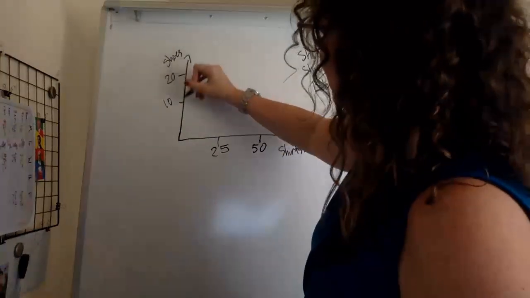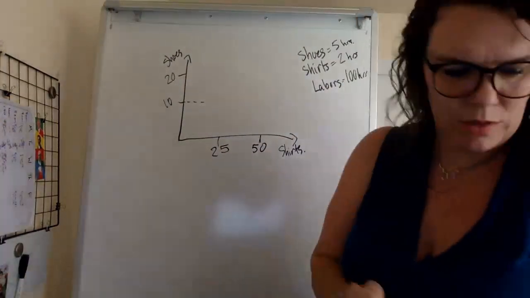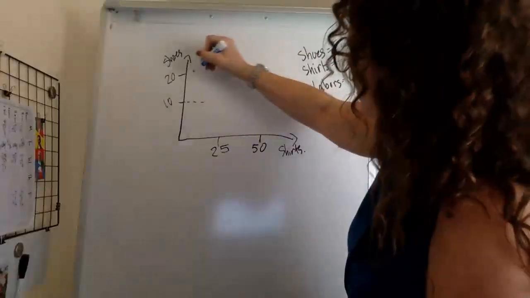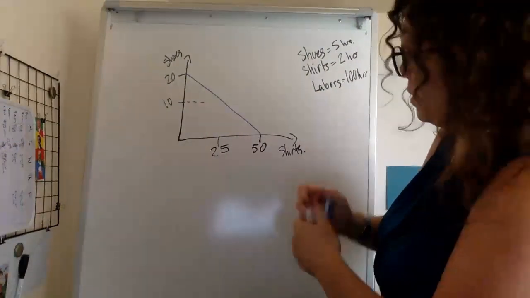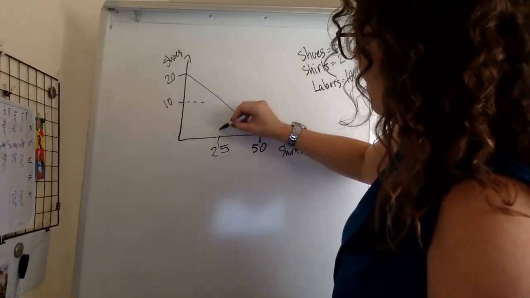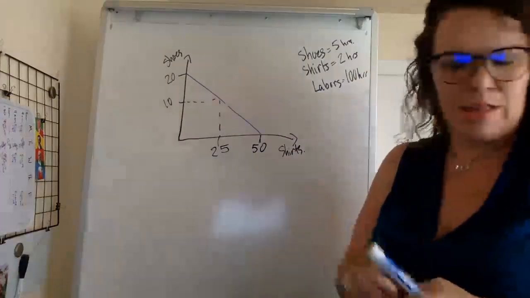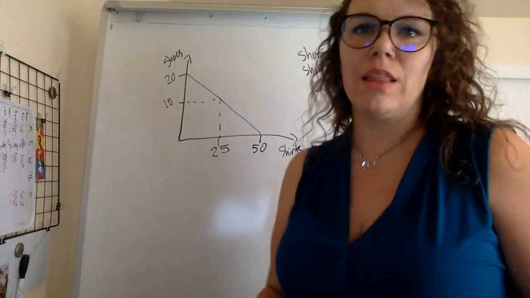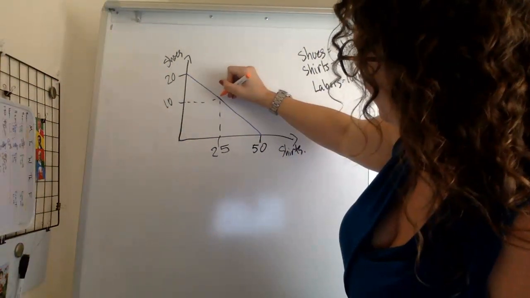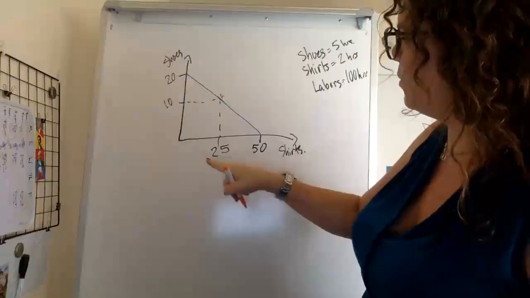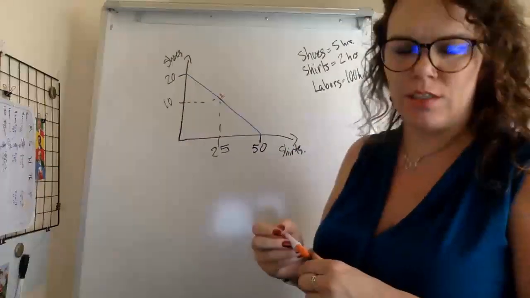So we've got, let's do this. Now, we've got our production possibilities frontier. Let's say as a company, we decide we want to produce here at point A, where we're getting 10 pairs of shoes and 25 shirts.